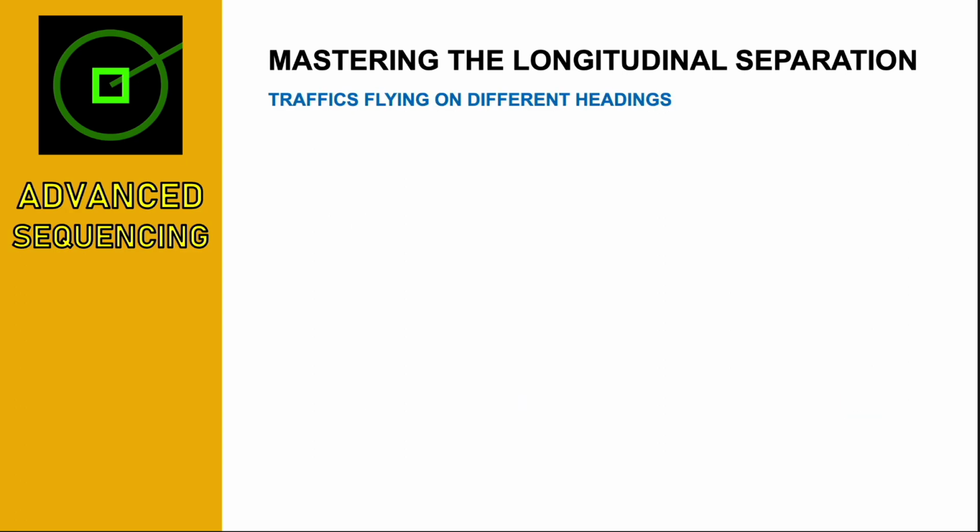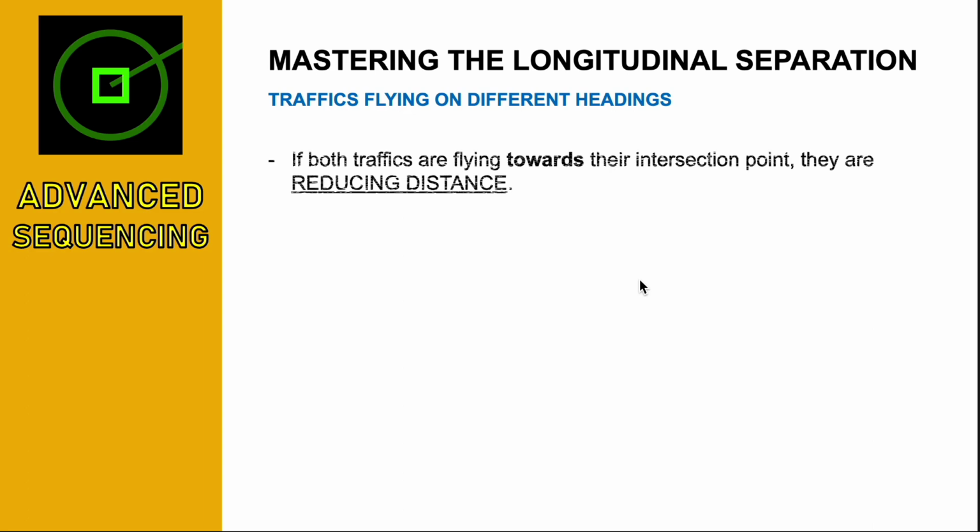So, what happens when traffics are flying on different headings? So what happens is the following. If both traffics are flying towards their intersection point, because if they're flying different headings, there's always an intersection point, that means that they are always reducing distance.